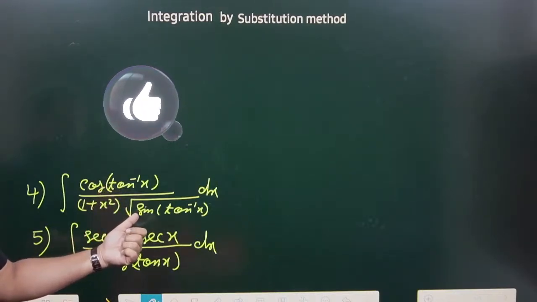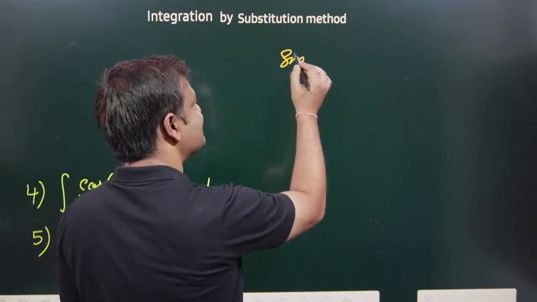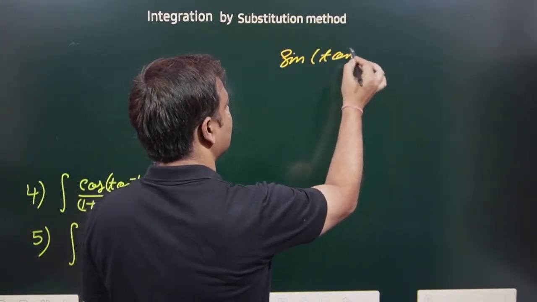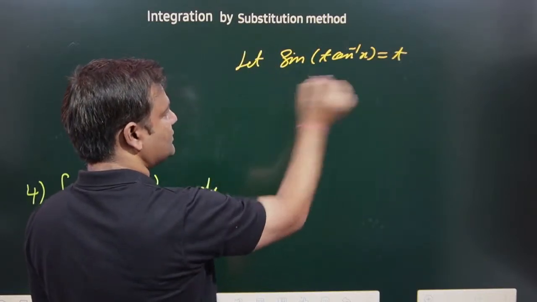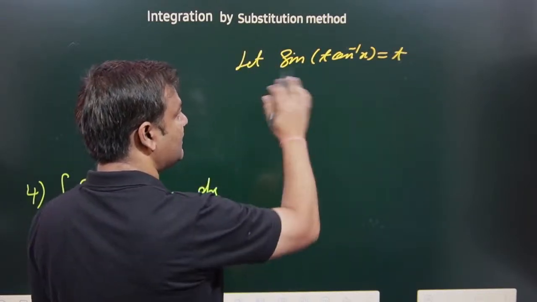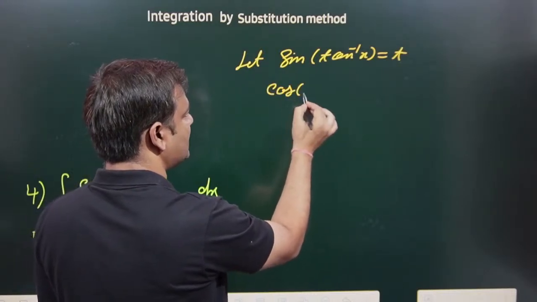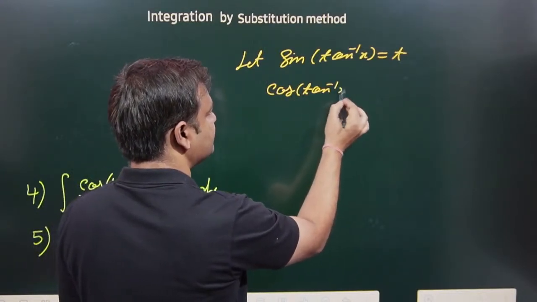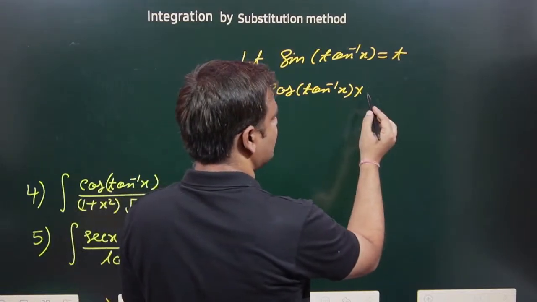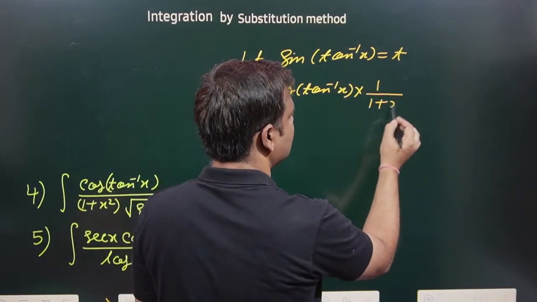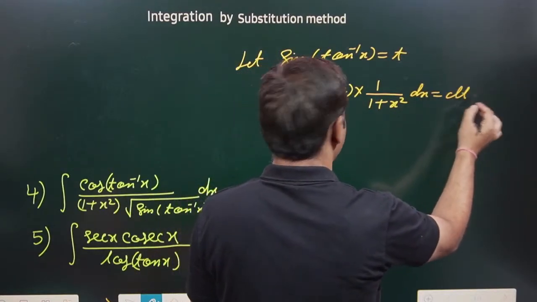If sine of tan inverse x is taken as t, let. If we differentiate both sides, then this is cos of tan inverse x into, differentiation of tan inverse, 1 upon 1 plus x square dx, which will be equal to dt.